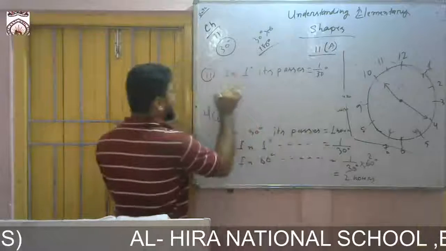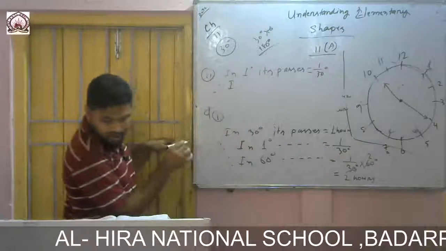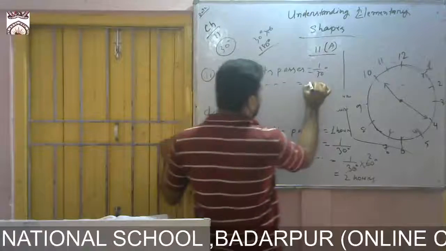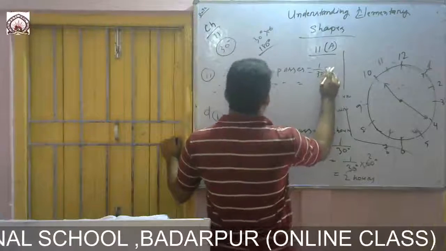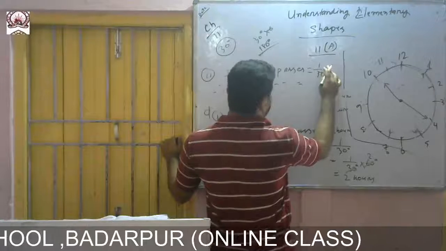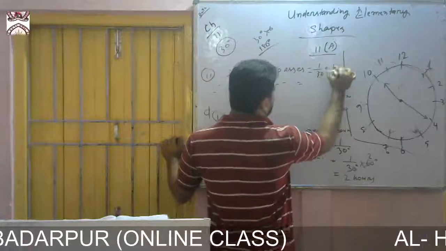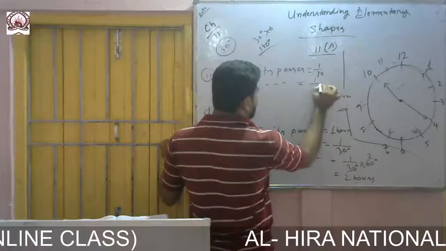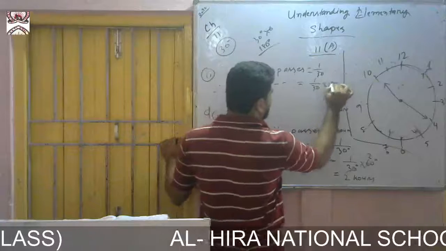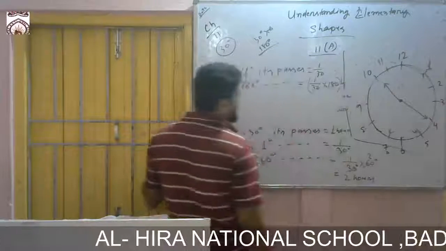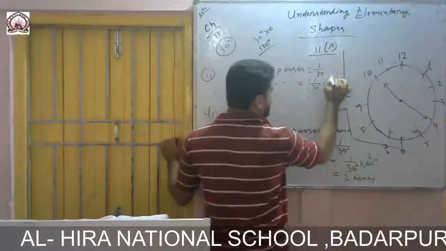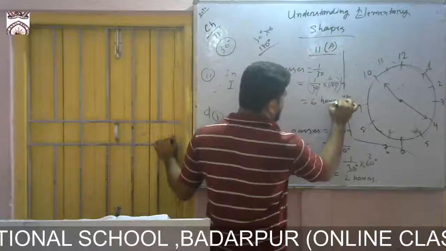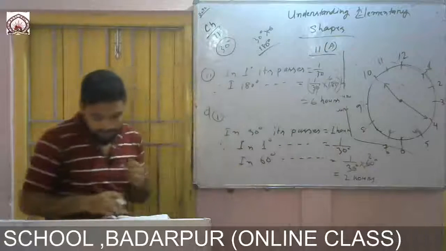Therefore, in 180 degree it will pass 1 by 30 into 180 hours. So you cancel this one and 6. 6 from there. So it will come to 6 hours, as I said earlier.